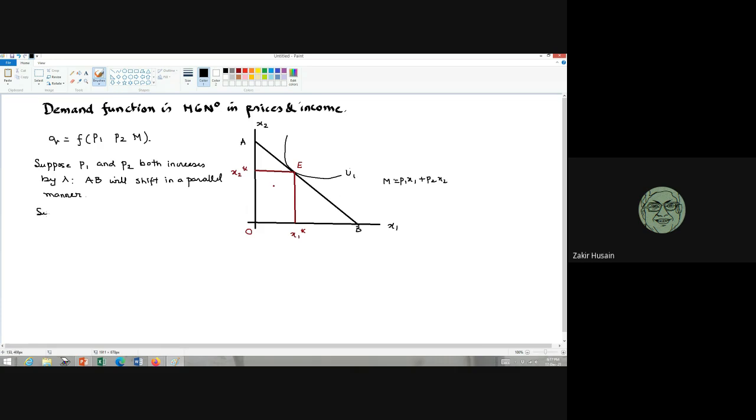Okay, now suppose your income increases by lambda. So prices are constant, but income has gone up by lambda. What will happen to the budget line? It will shift outward. So again, it will be a parallel shift, right? Now suppose both occur. Suppose prices and income both increase by lambda.